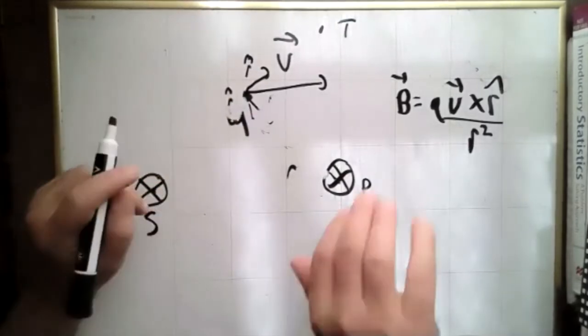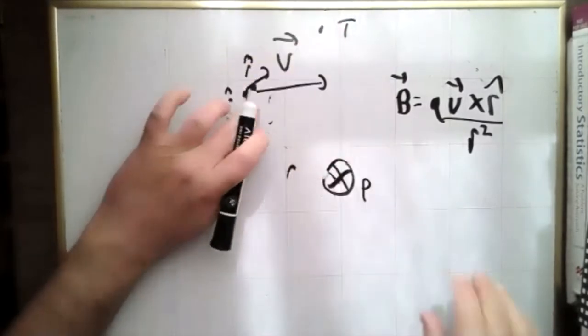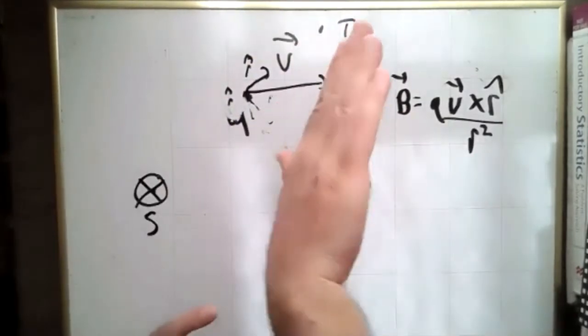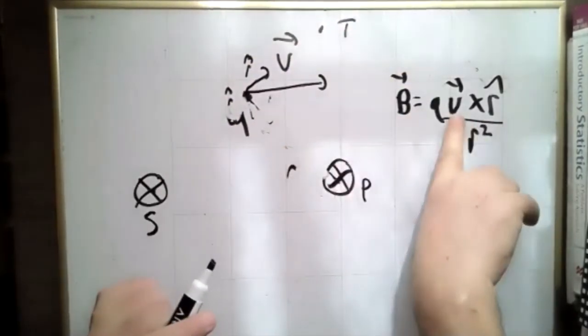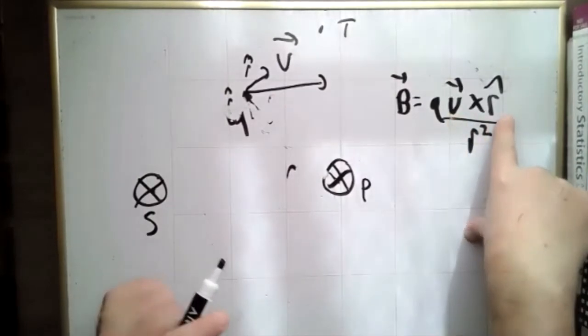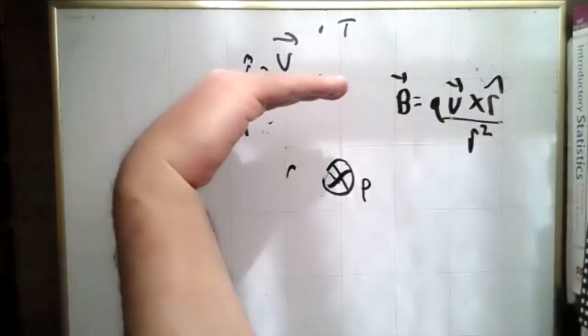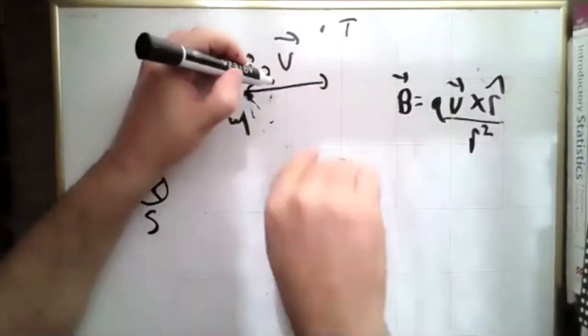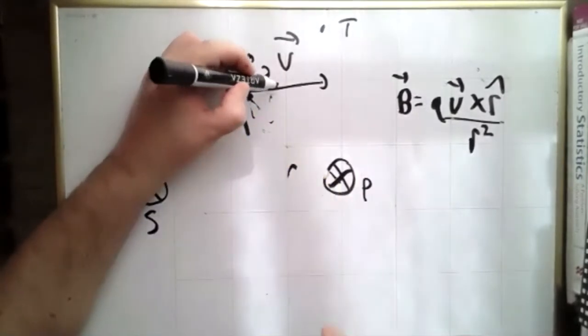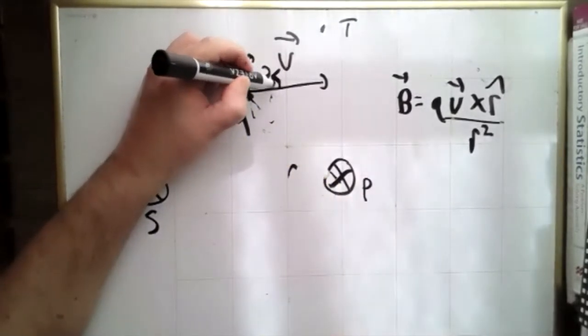Now, in order to do V cross R, remember the cross product is you point your fingers in the direction of the first one, curl toward the second one in the smaller direction of curling. So toward V, V toward R would be curling that way.